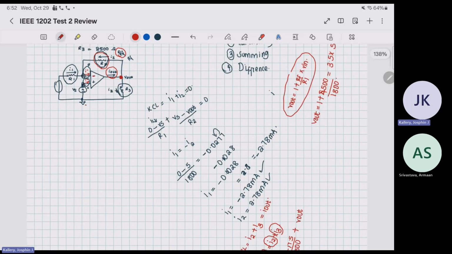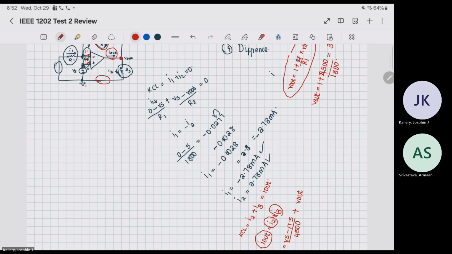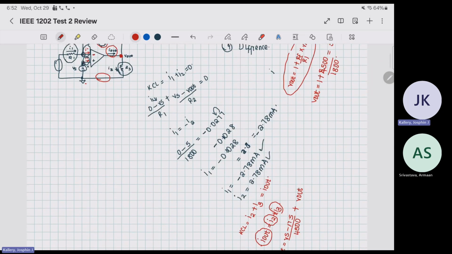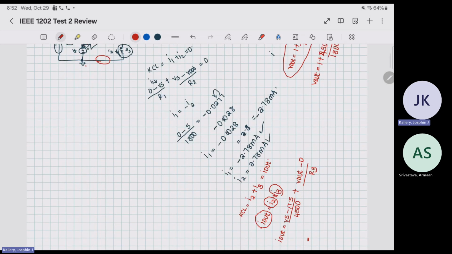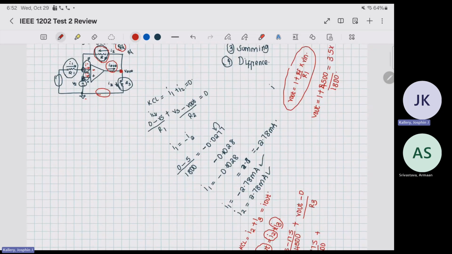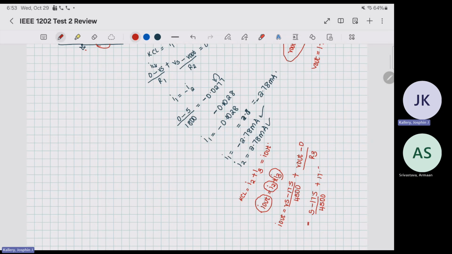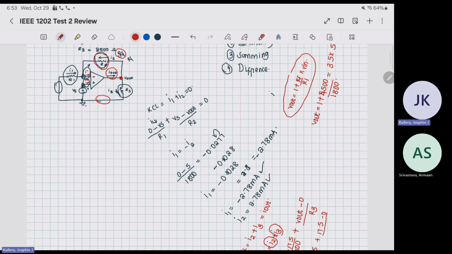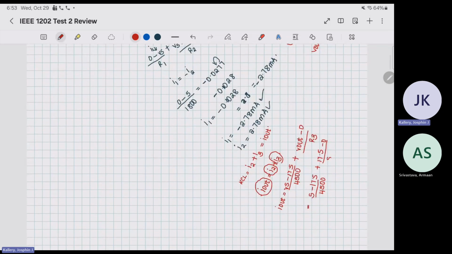And here the voltage is 0 because it's connected to the ground, so minus 0 over R3. So this is Vs, which is 5, minus 17.5 over 4,500 plus 17.5 minus 0 over R3, which is 850. I'll just use my calculator here.